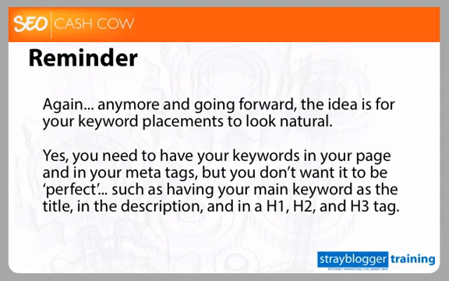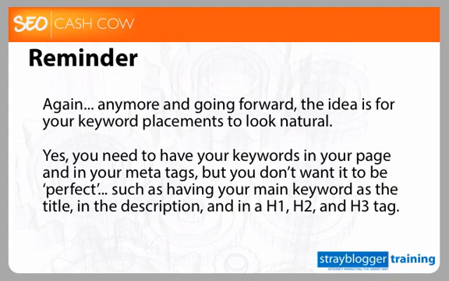Again, the idea with this whole on-page SEO thing is for your keyword placements to look natural. Yes, you want to have your keywords in your page and in your meta tags and everything, but you don't want it to be perfect, such as having your main keyword as the title all by itself and the description, and then have your main keyword as a H1, H2, and H3 tag.